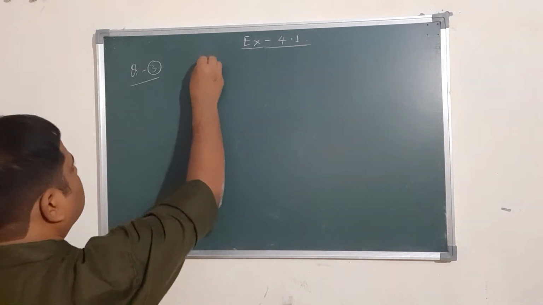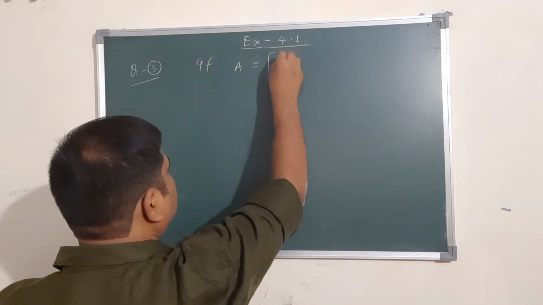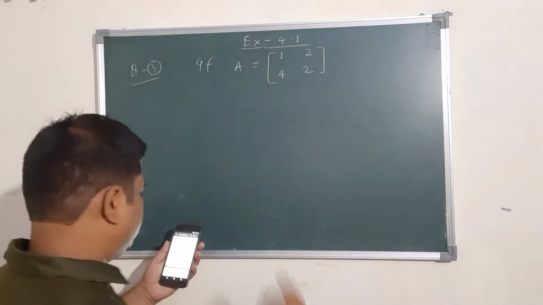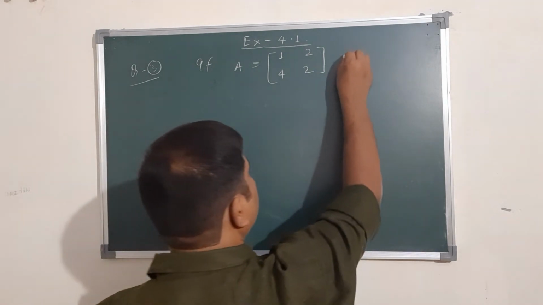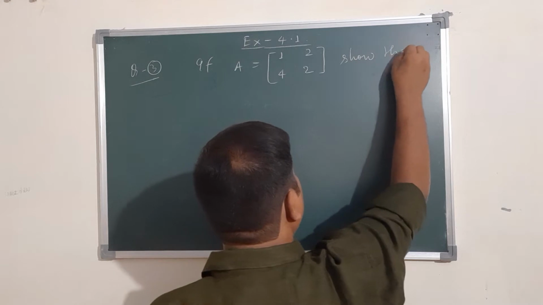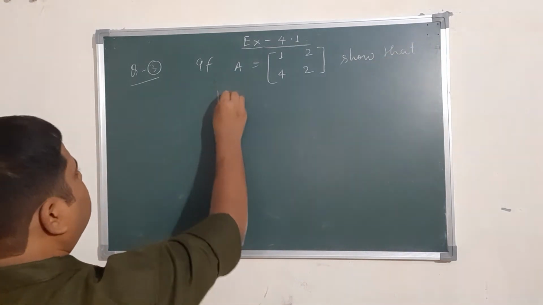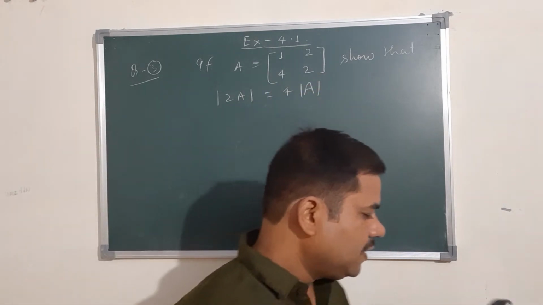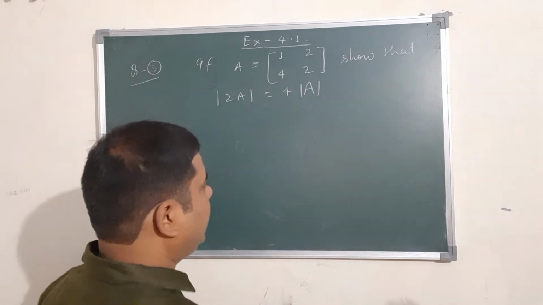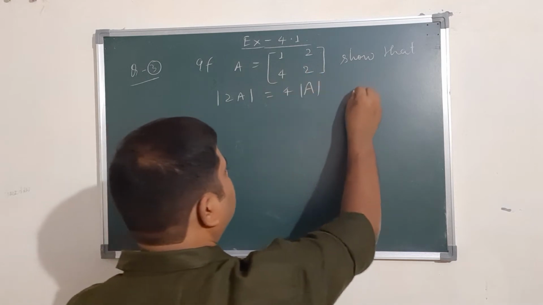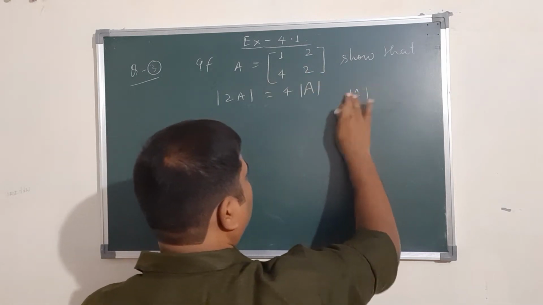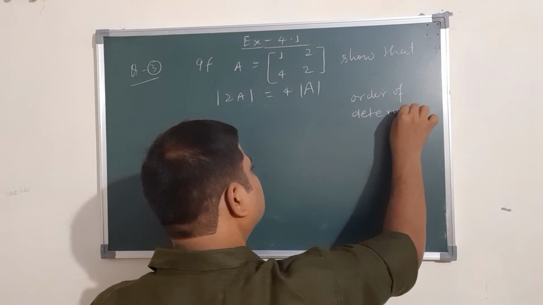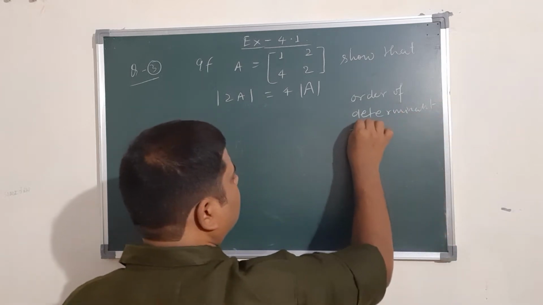If A is equal to the matrix 1, 2, 4, 2, then show that determinant of 2A is equal to 4 times determinant of A. If we see directly, this is a matrix of order 2, so the order of the determinant is 2.